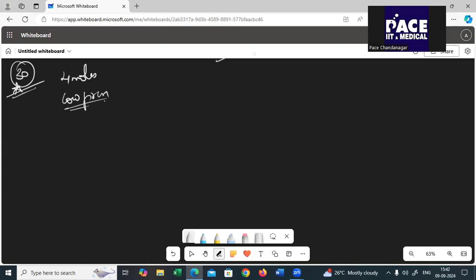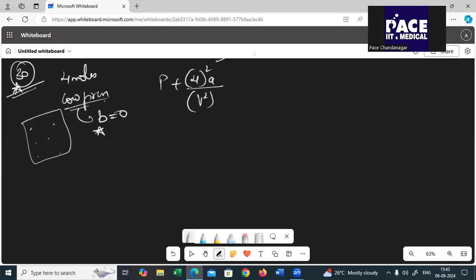So I don't have a prominent B getting occupied there. At low pressures, my gas particles are moving apart from each other. They are not coming close to each other, not occupying much volume there. Here, B is equal to 0, I would consider. So then my P plus this will be 4 square into A by V square, A n square by V square, right?